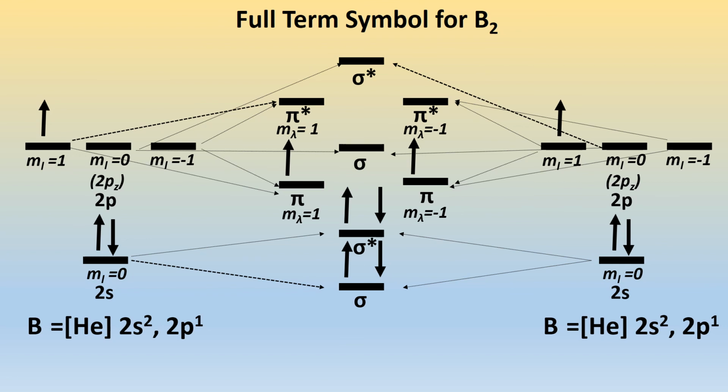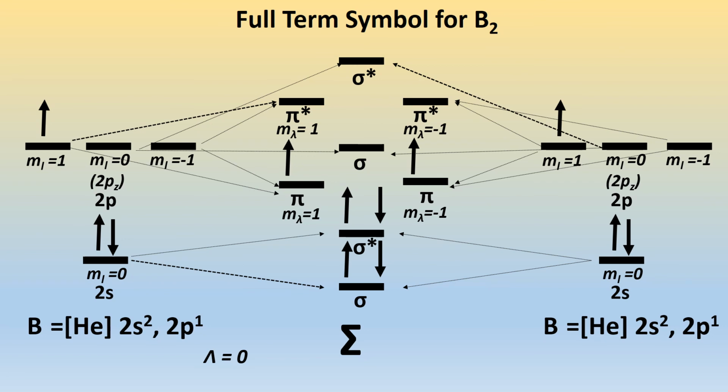Therefore, from looking at the term, we find once again that lambda is 0 because one electron is in a pi m sub lambda 1 and the other electron is in a pi m sub lambda 2. Therefore, we have a sigma term.